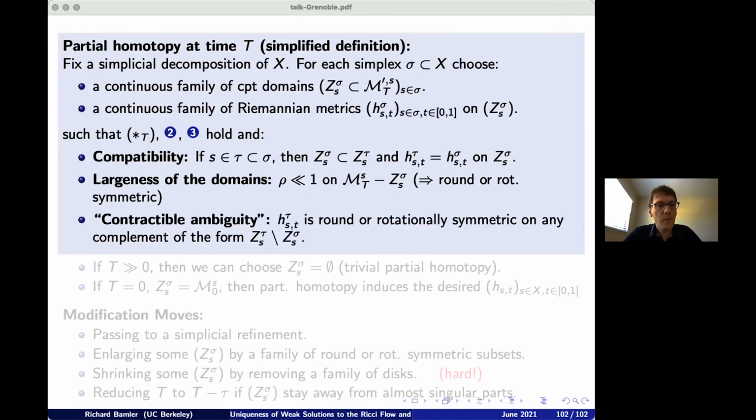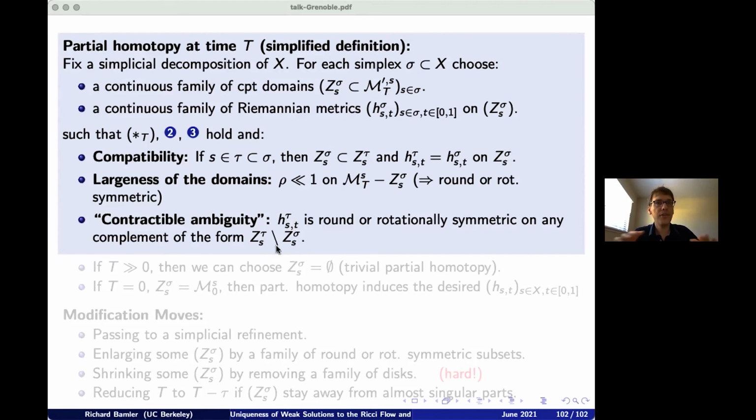And then we want these different H's to differ only by what we call contractible ambiguity. In other words, whenever some C tau is bigger than some C sigma over the same S, we want H of tau on the larger domain to be only round or rotationally symmetric on these differences.